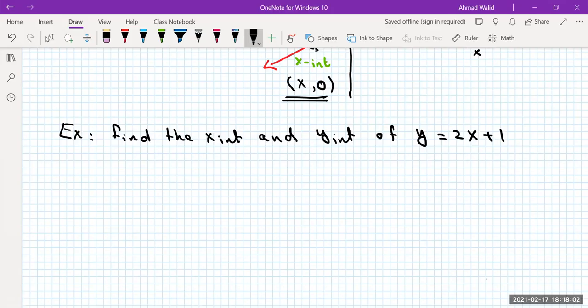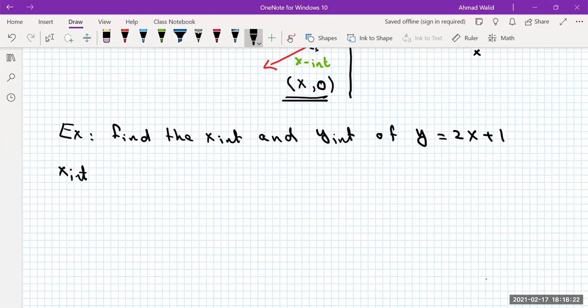They give you an equation and they are asking you to find the x-intercept and the y-intercept of this equation. How? Let's start with the x-intercept.